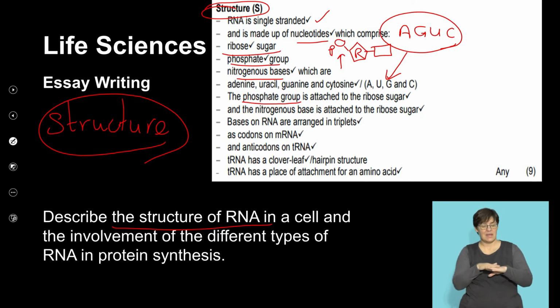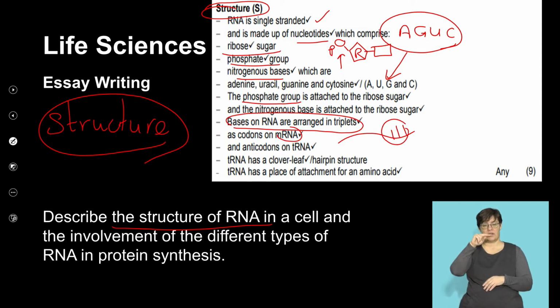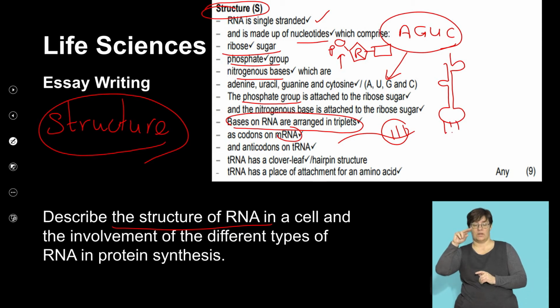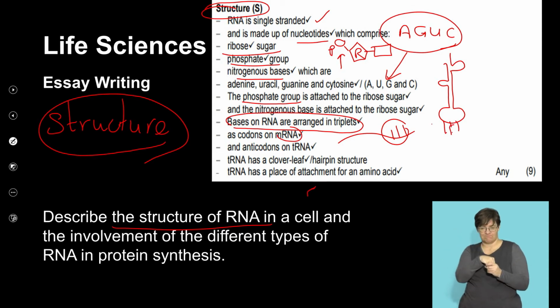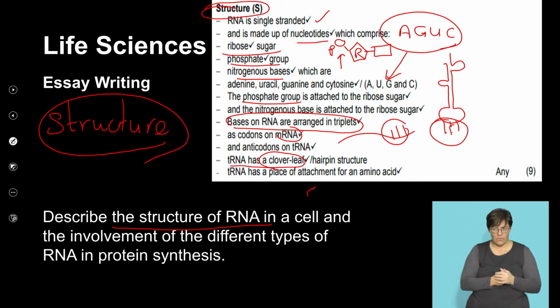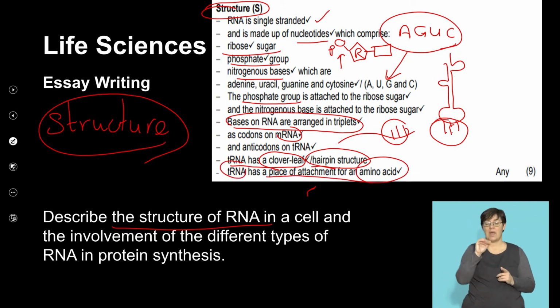Mention that the bases are arranged on mRNA in what we refer to as base triplets, and these are called codons. We also mention that on the tRNA, guys, they are anticodons, so include the concept of anticodons there. We also need to discuss the shape of the tRNA and how its structure is, that it's the point of amino acid attachment.